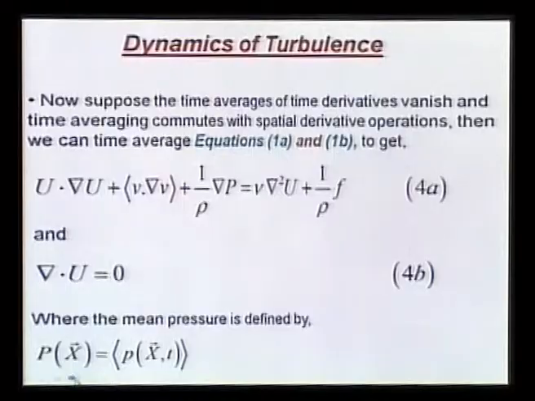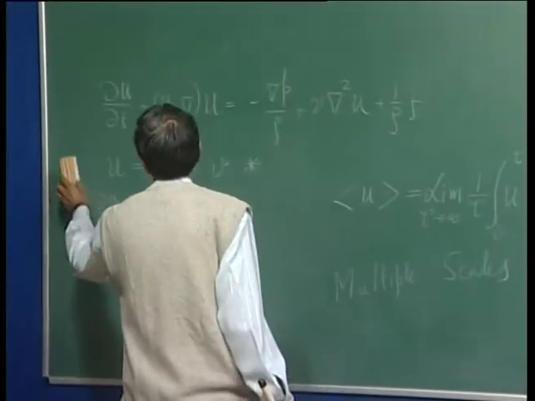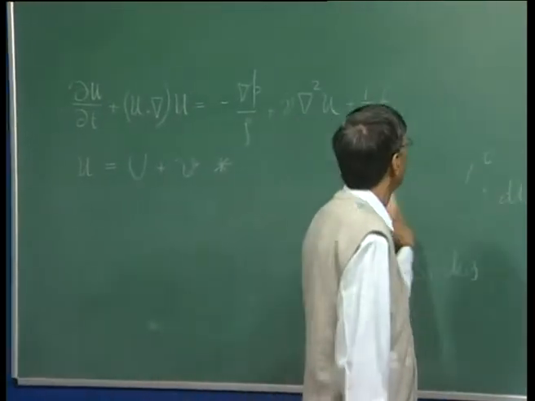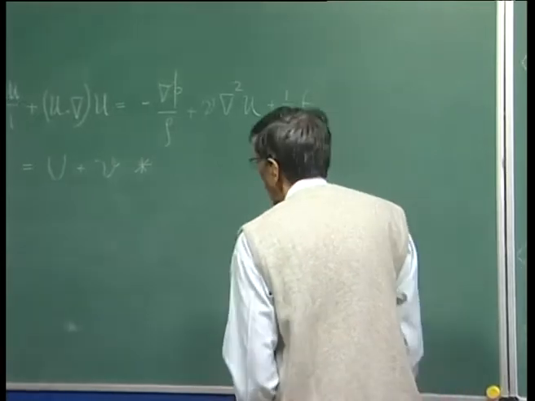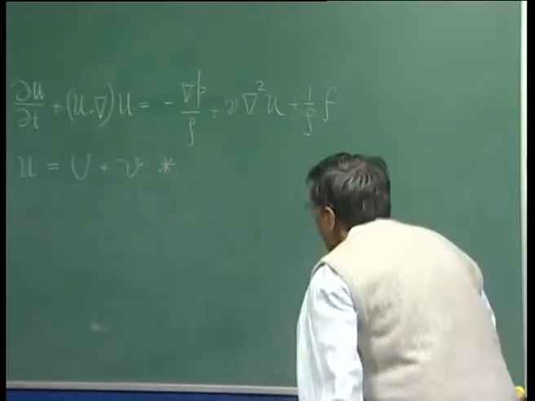Now, let us see what we get. We have obtained the total equation, and then we have also obtained the mean equation. So, if I write down the mean equation, I am going to get the following terms here.